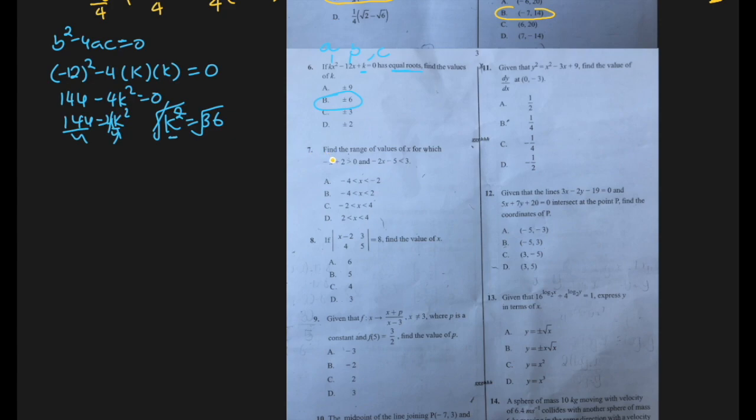Question number 7. Find the range of the values of x for which minus x plus 2 is greater than 0 and this, okay, both are true. That's what they mean. Find the range for which this is greater than 0 and this thing is less than 0. Let's solve both of them separately and see what we get. Minus x plus 2 is greater than 0.